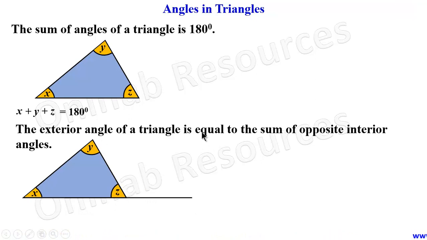The implication of this statement is that this angle here, we call it A, is equal to the sum of these X and Y. We mean X and Y are opposite to this exterior angle. So we say A is equal to X plus Y. And that's all. Then we now go ahead to solve some problems.